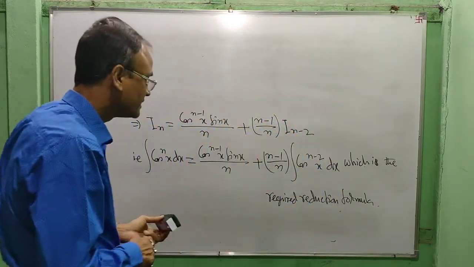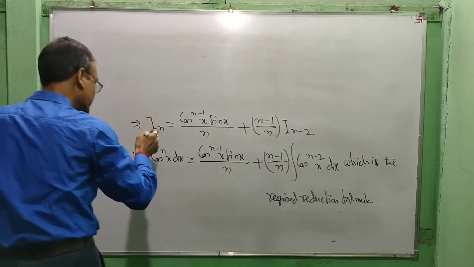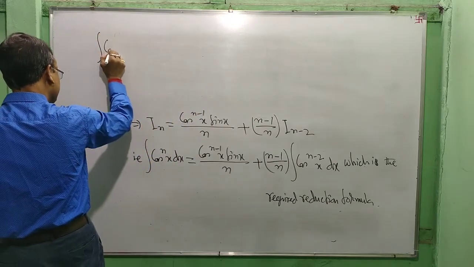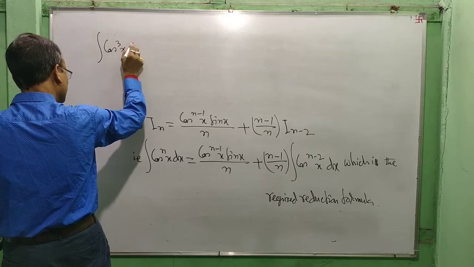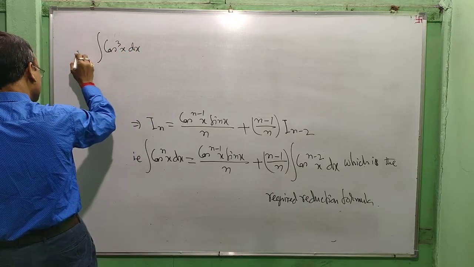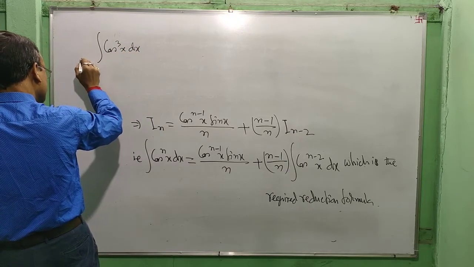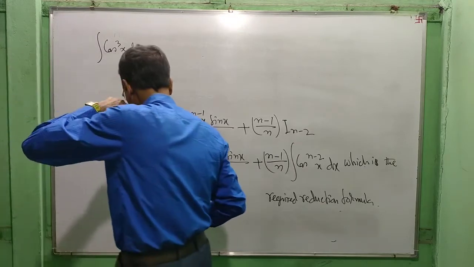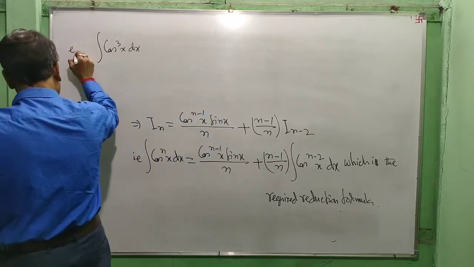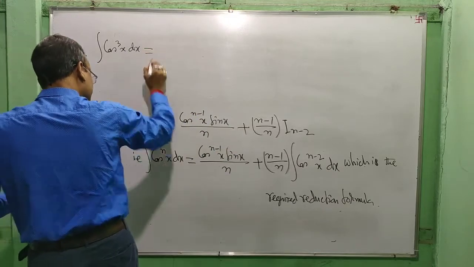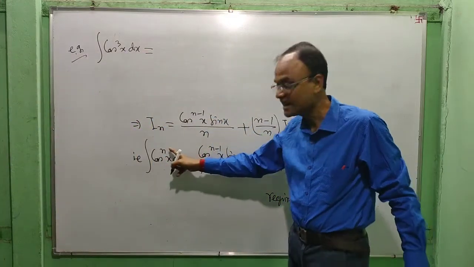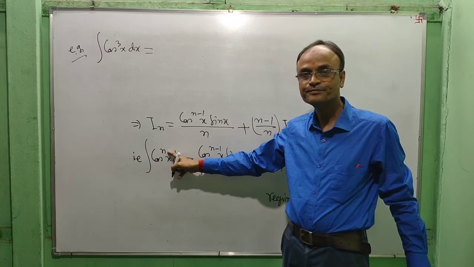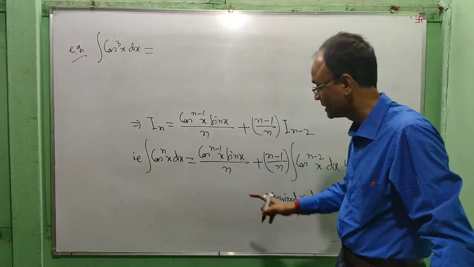Now, let us see example number 1: integration cos cube x dx. Here n is equal to 3.